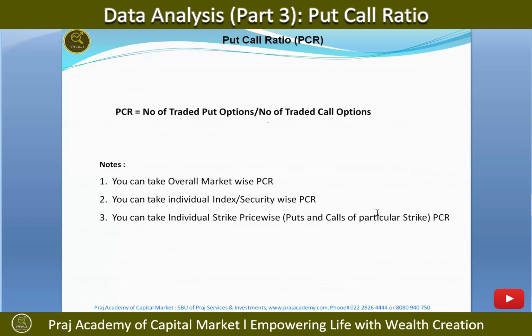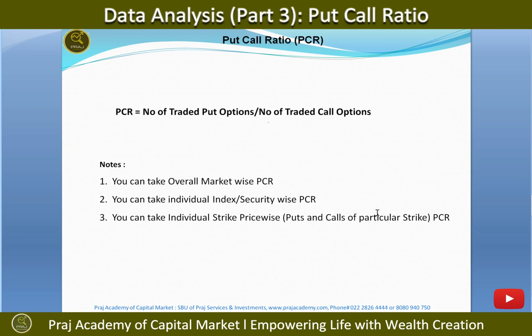Now, what is a put call ratio? Put call ratio is very simple. The number of traded total puts divided by the number of traded call options, or in a nutshell, total open interest on the put side divided by total open interest on the call side is the put call ratio.